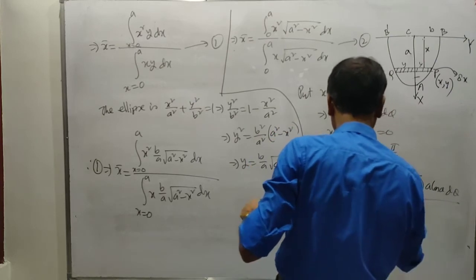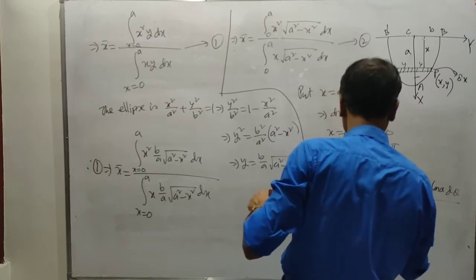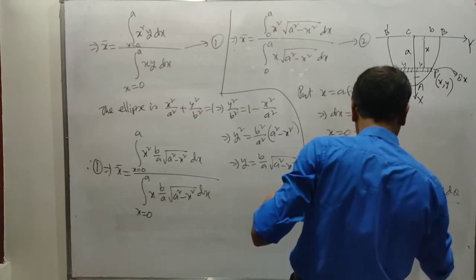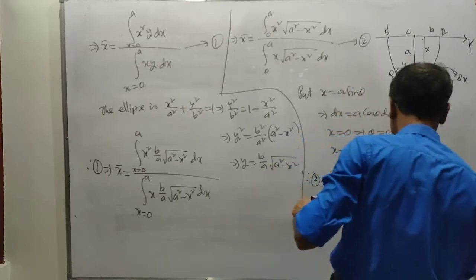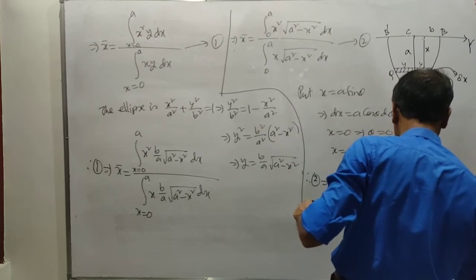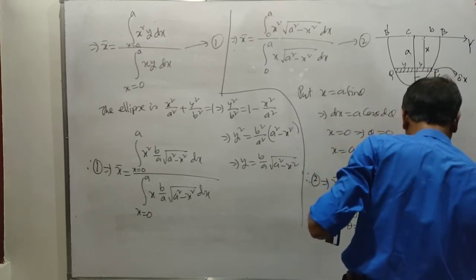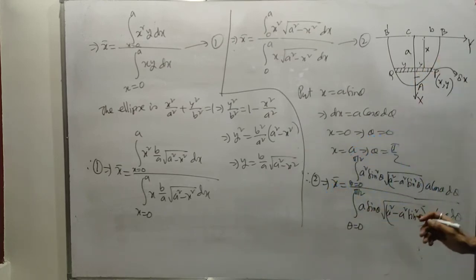Theta is equal to 0 to pi by 2, x equal to a sin theta into root over a square minus a square sin square theta, dx is equal to a cos theta d theta.